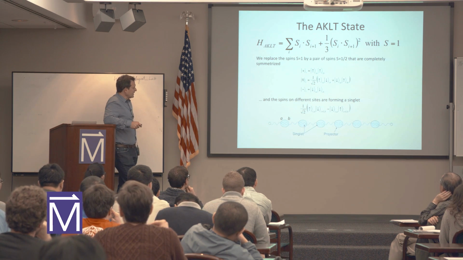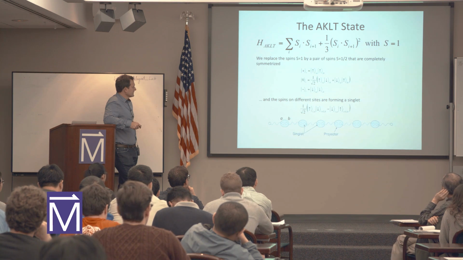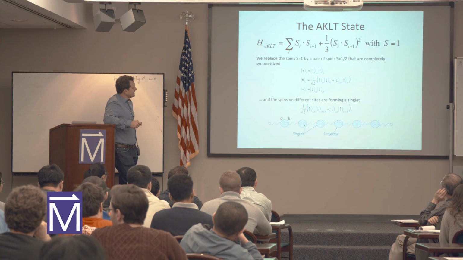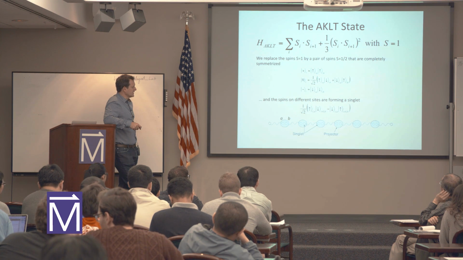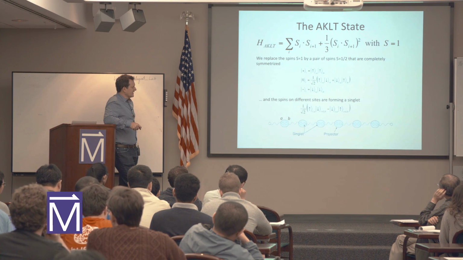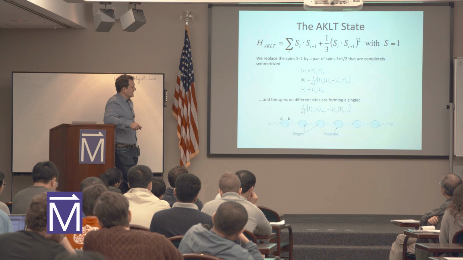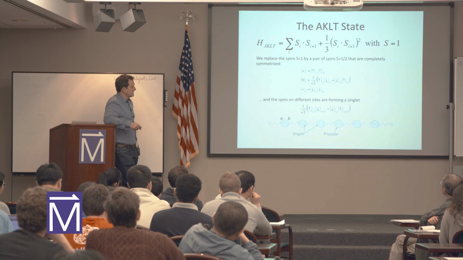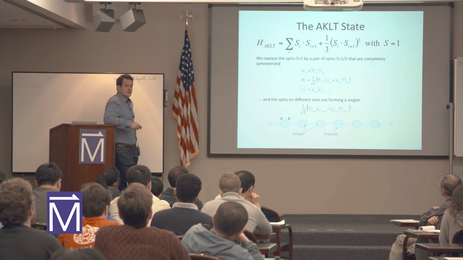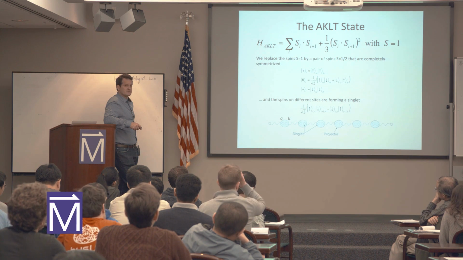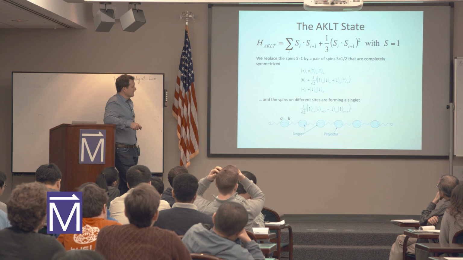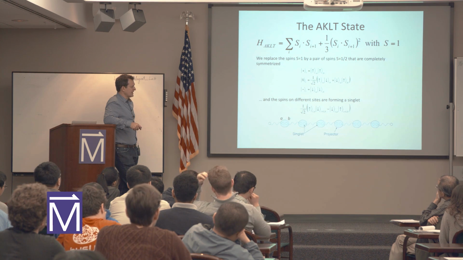So how do you do that? How do you create the ground state? Well, basically what you do is you put 2 spins 1/2 on each site, as shown here. You entangle one of them with another one on the neighboring site, forming a singlet like this. So imagine you put a product of singlets like this between spins 1/2. And there's no interaction between the spins 1/2 on each site.